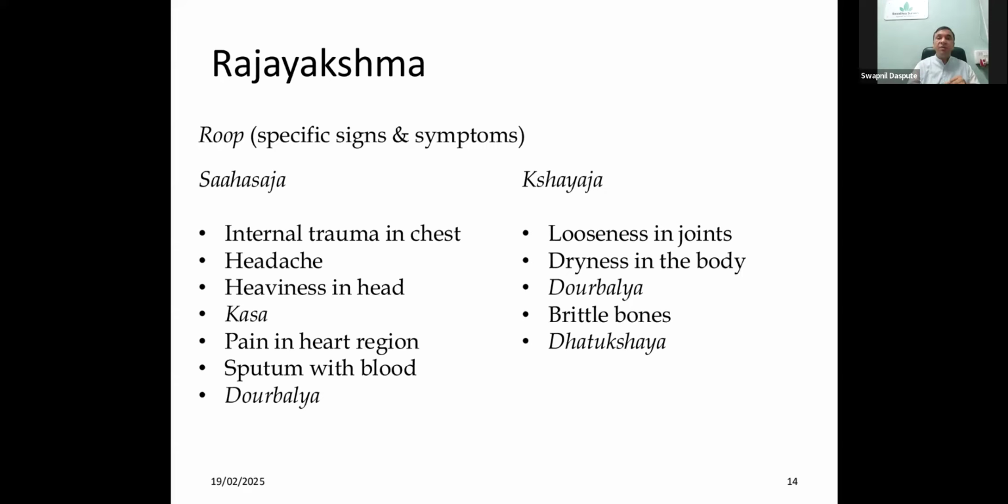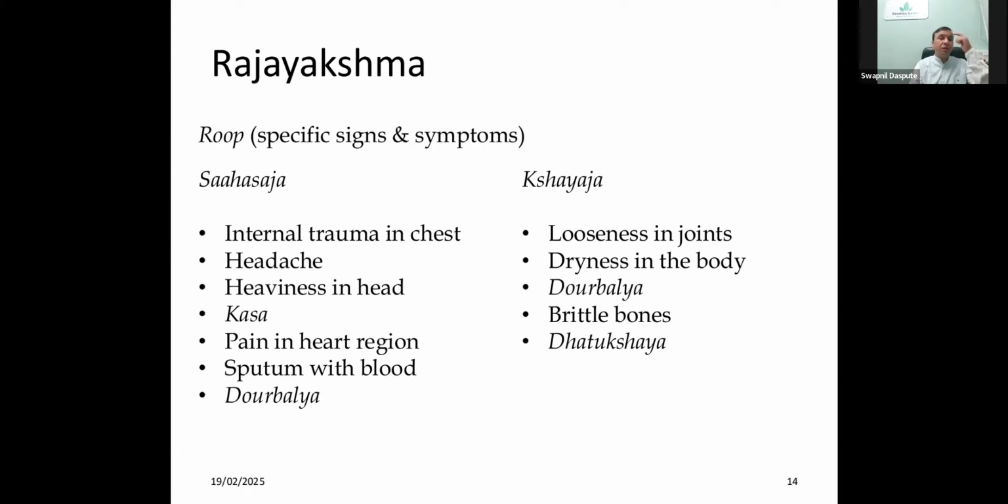But sputum with blood and bleeding through the nose will certainly be seen when there is excessive use of strength, beyond the capacity, I would say. Daurbalya, of course, because of the depletion of the dhatus.